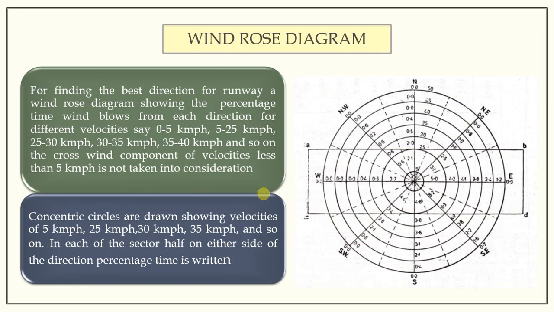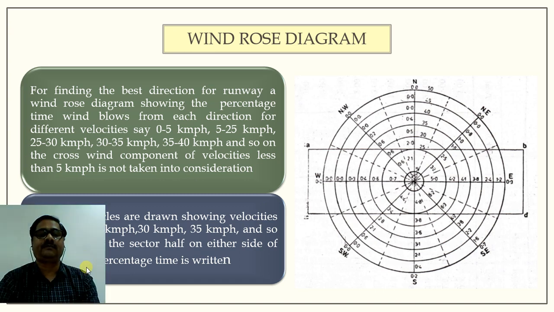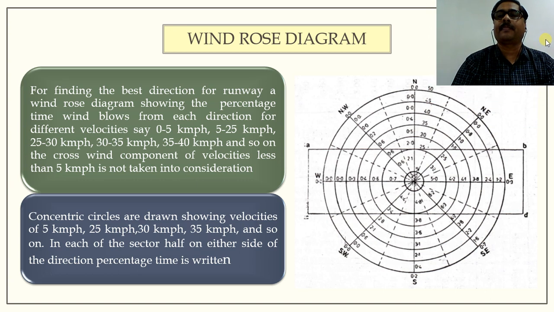Now here we are going to see the orientation. For finding the best direction for a runway, a windrose diagram shows the percentage of time wind blows from each direction for different velocities, say 0 to 5 kilometers per hour, 5 to 25 kilometers per hour, 25 to 30 kilometers per hour, and so on.